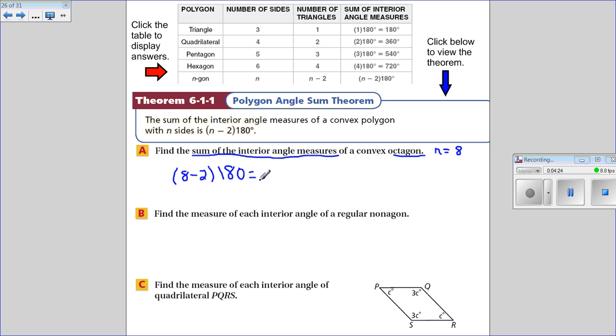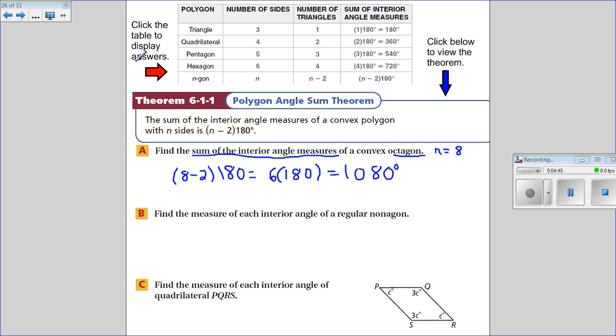I get 6 times 180, or a total of 1080 degrees inside of an octagon.